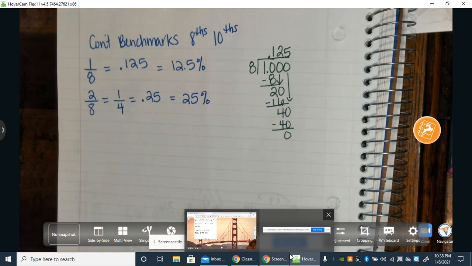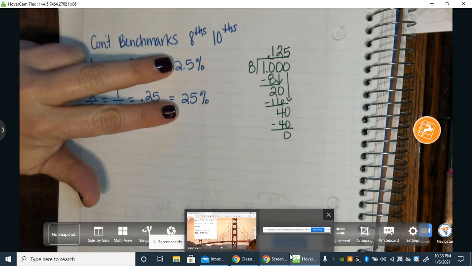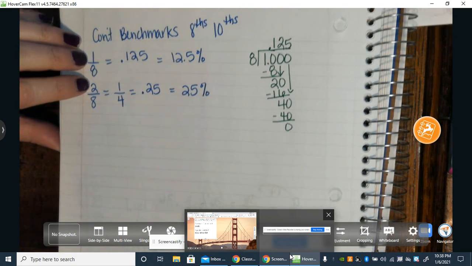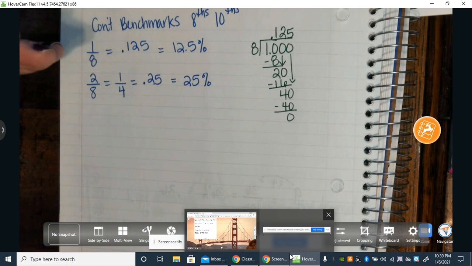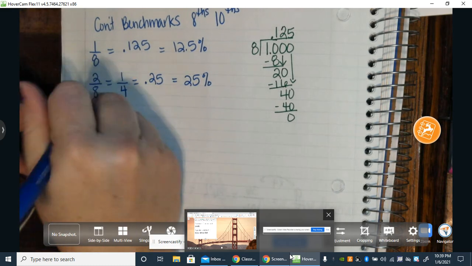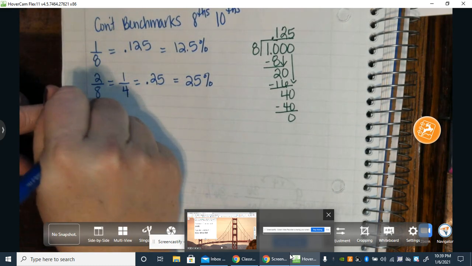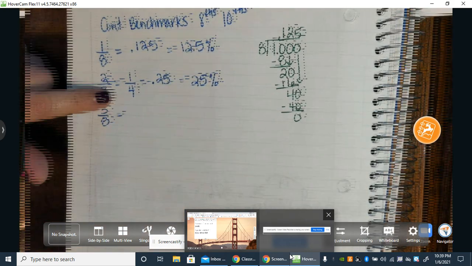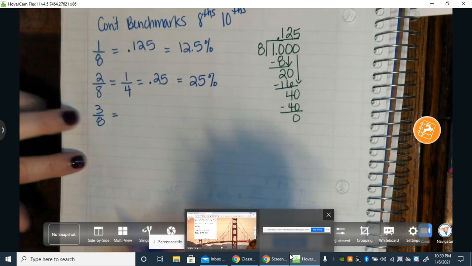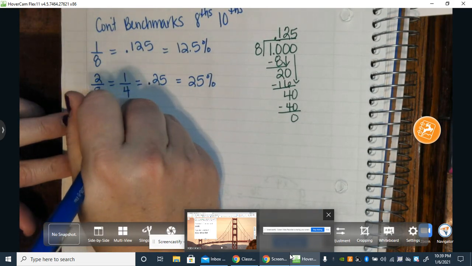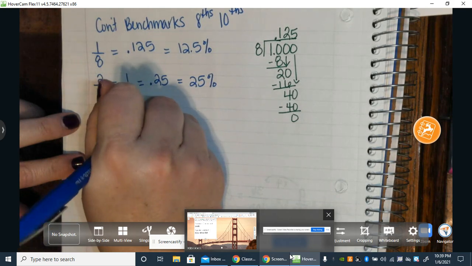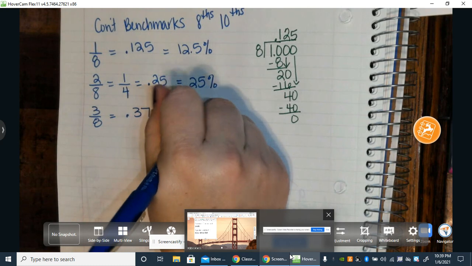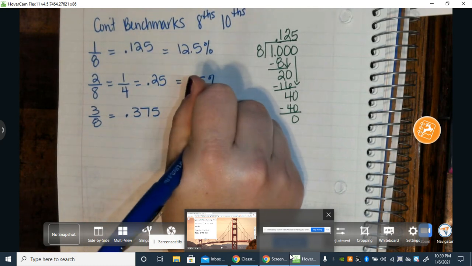12.5%. All right, so as long as I know these two with my eighths, I can do the rest of my eighths, okay, because it's basically adding 12.5 to it. All right, so 3/8 cannot be simplified, but if I know what 1/8 is and 2/8 or 1/4, all I have to do is add those together, and I get 375 thousandths, or 37.5%.